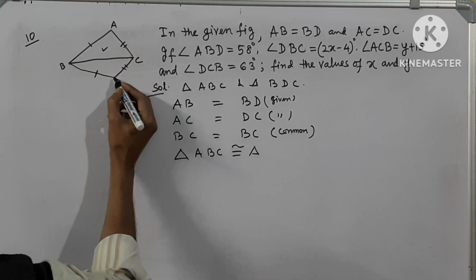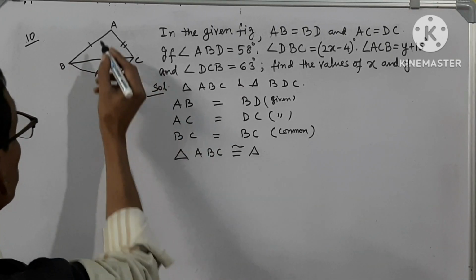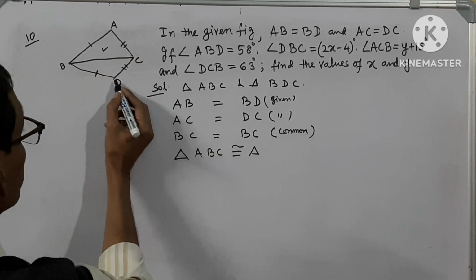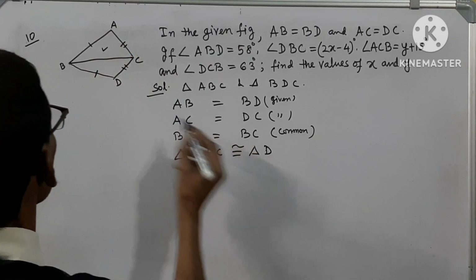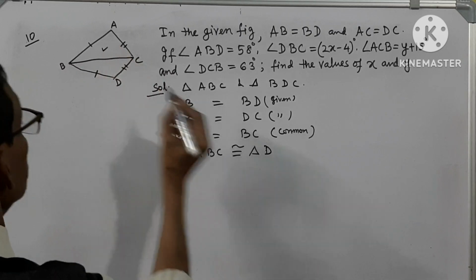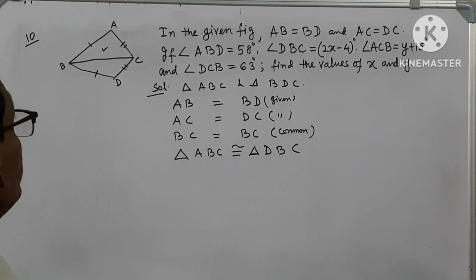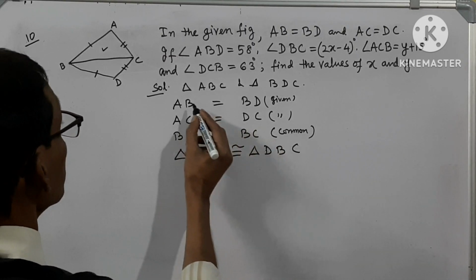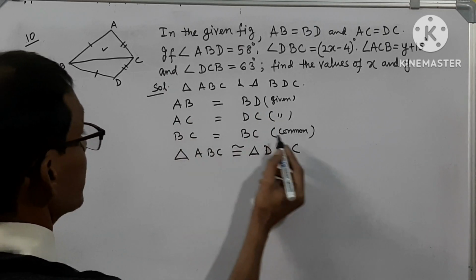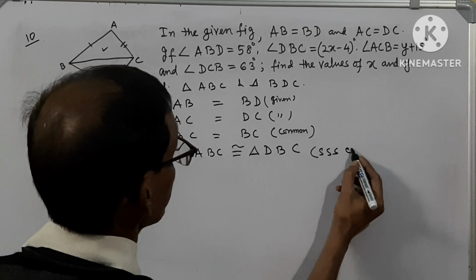See, A will flip onto D, B on B, C on C. And this is the side, side, side criterion.